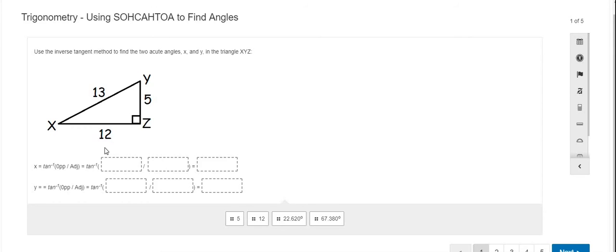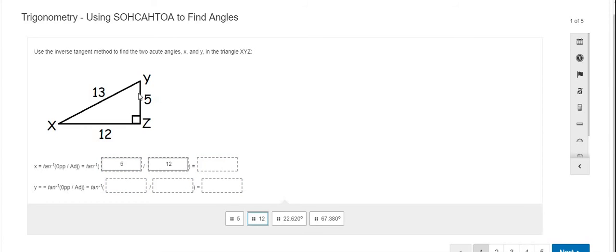We have this triangle XYZ, and if we're looking at angle X, the side that's opposite angle X is 5, and the side that is adjacent to angle X is 12. To get the opposite side, you go all the way across the triangle. So we're going to drag 5 into that first part because that's the opposite, and then 12.